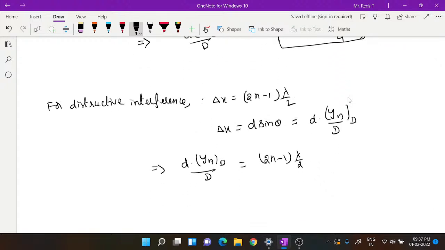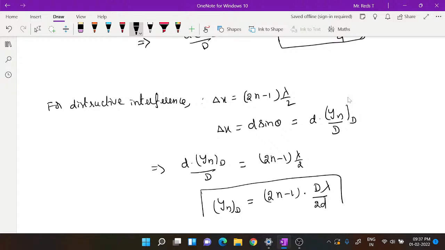On simplifying further, the position of nth dark fringe is equal to... if capital D multiplies and small d goes to the denominator, then you get (2n minus 1) into capital D lambda by small d, and 2 is there, divided by 2d. So this gives you the position of nth dark fringe.